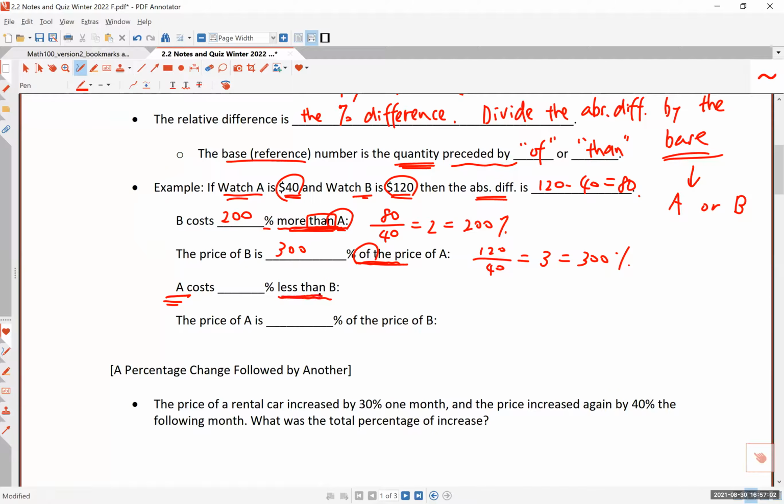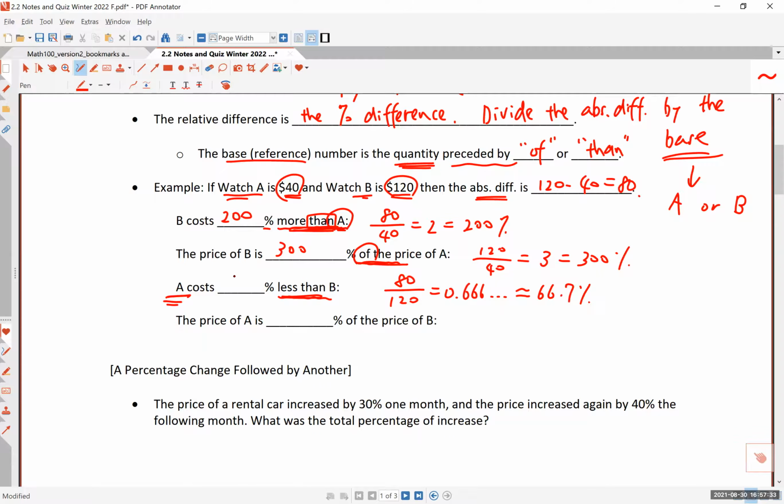Because we are comparing the difference, we write the absolute difference, and then divide it this time by the price of B, which is 120. I'm sorry about that. The difference is actually 80, wasn't it? Okay. So the difference was 80, and 80 divided by 120 turns out to be 0.666, approximately 67. Well, let's just go ahead and write 66.7%. All right.